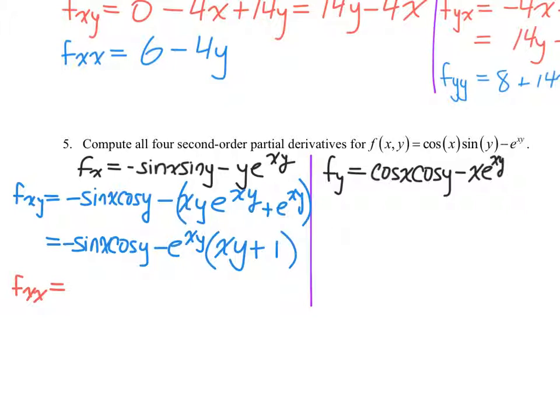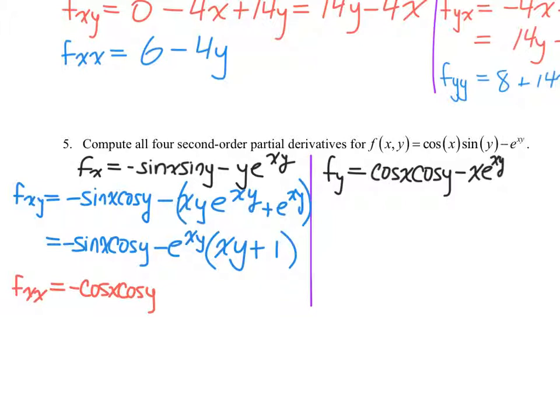Sine x becomes cosine x. So negative cosine x cosine y. Because all I'm doing is changing this to cosine, and then everything else is a constant multiple around it. So that's sine. Oh, so it's sine y. Thank you.